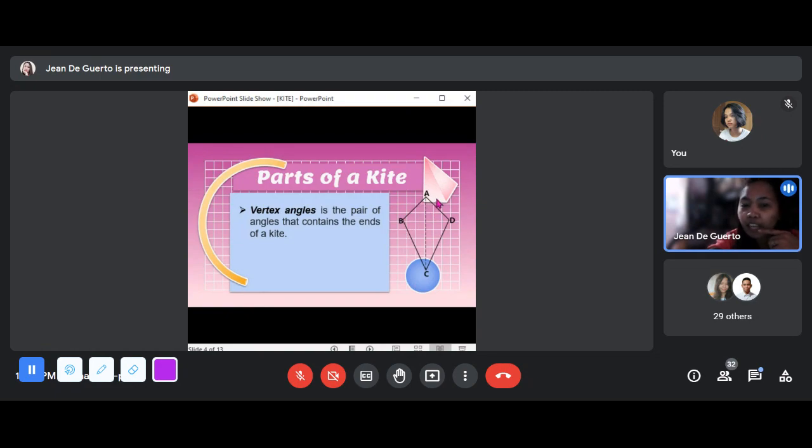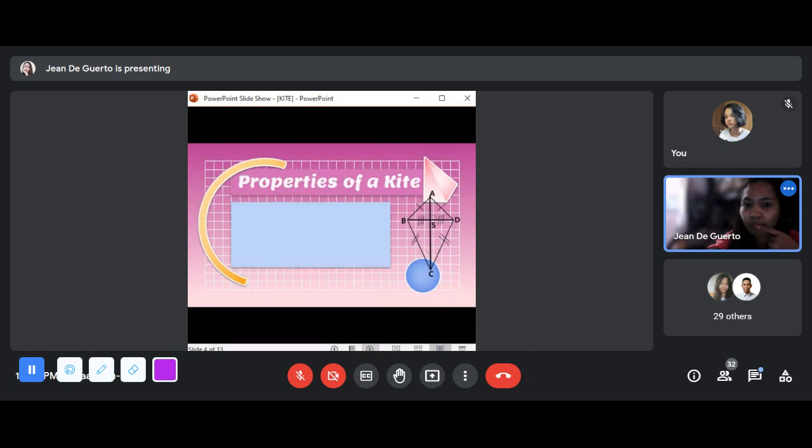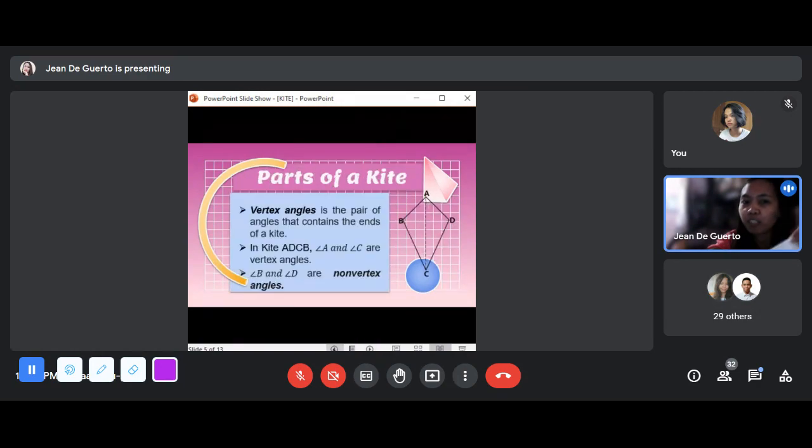So if angle A and angle C are the vertex angles, your angle B and angle D are simply called non-vertex angles. They are not vertex angles, so they are non-vertex angles. Okay?